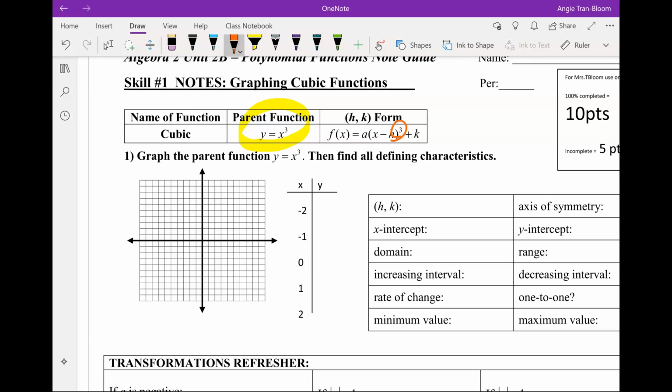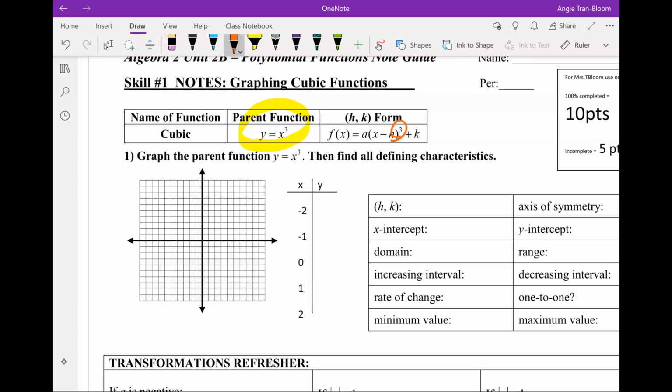The parent function is always, again, always the same function, except you get rid of all what? The transformations. So the a is gone, the h is gone, and the k is gone. What's left is the parent. Okay, plain, nice and simple.